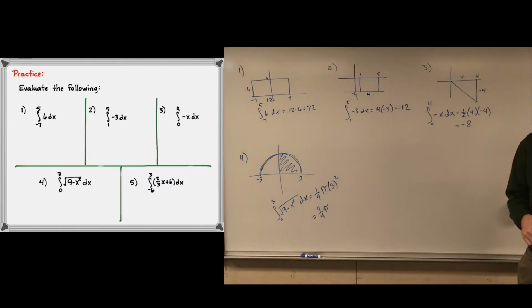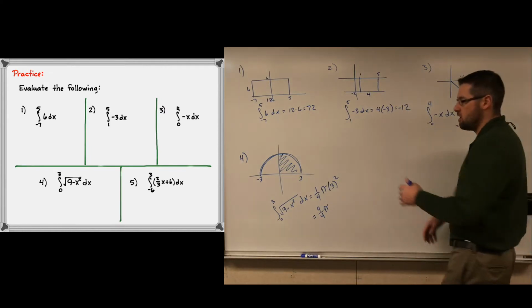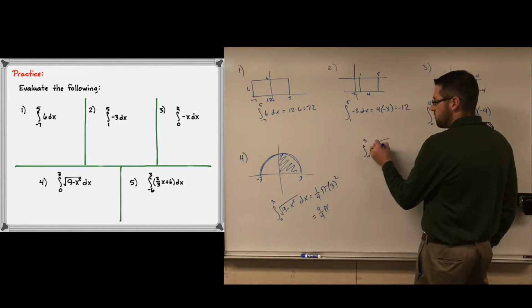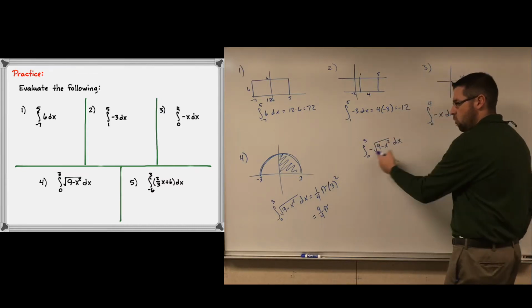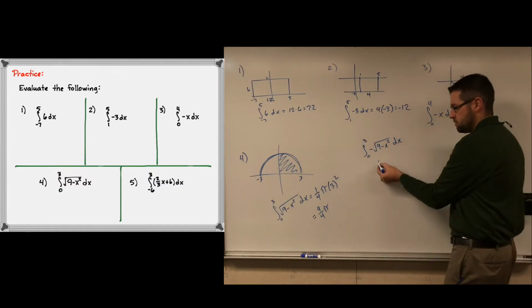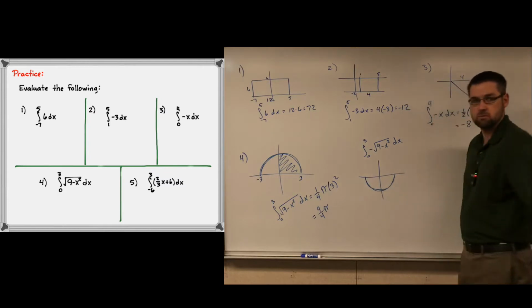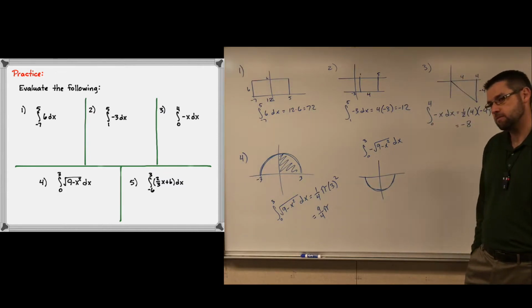Are we okay with that? Yeah. Okay. Just a side note, if I were to say find the integral from 0 to 3 of negative radical 9 minus x squared dx, what is that function? That's the bottom half of the circle. Does a number in front of the radical determine where the circle is oriented around?